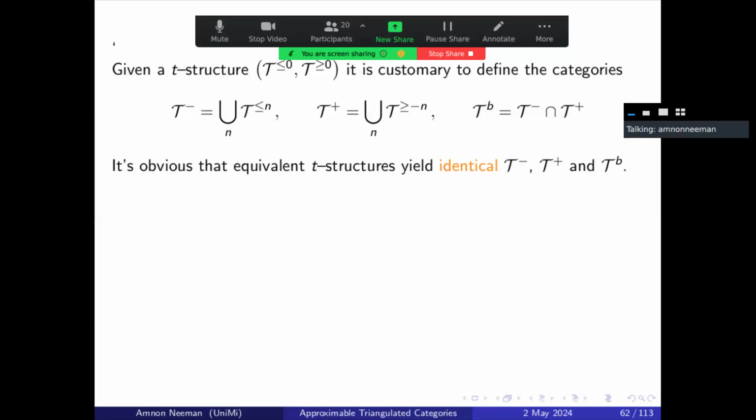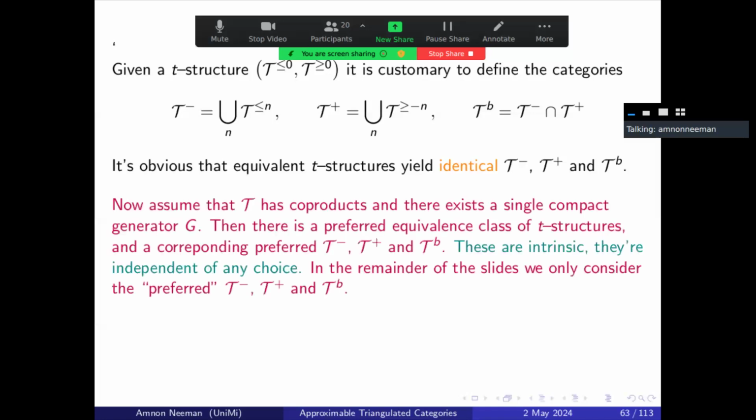And this all depends only on the equivalence class of the T structure. And therefore, if you have a single compact generator, then you have a preferred equivalence class of T structures, and therefore you have a preferred corresponding T minus, T plus, and TB. And these don't depend on any choice. They're intrinsic.